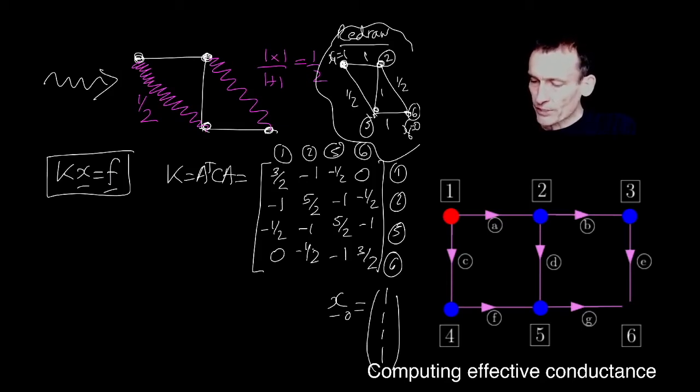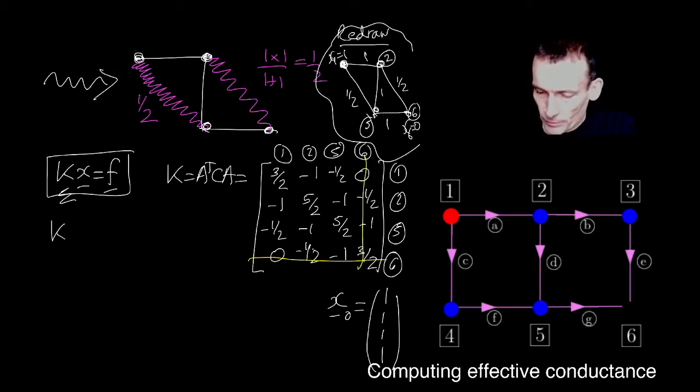So this is a singular matrix, so we can't just invert K to solve for the things we need to know. But what we can do is eliminate one of the columns and rows. So let's choose to eliminate row 6 and column 6. And then that leaves us with a smaller system.